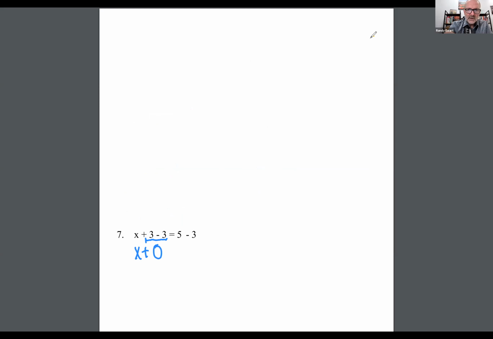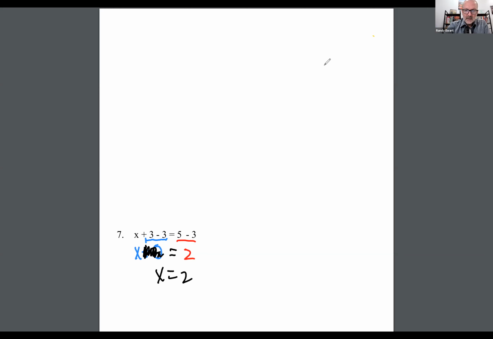And then on the other side, I have 5 minus 3, which is 2. And that 0 disappears. And so I have x equals 2. So the plus 3 and the minus 3 canceled and went away. And now my variable is by itself.